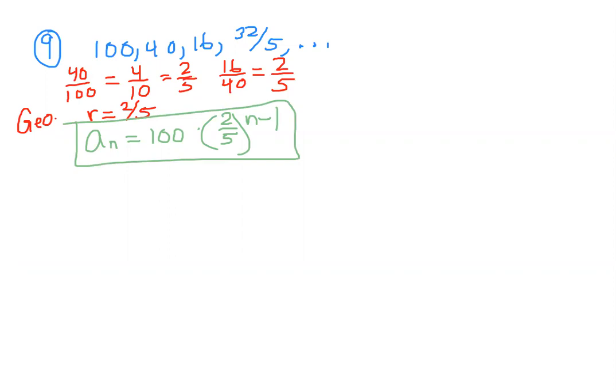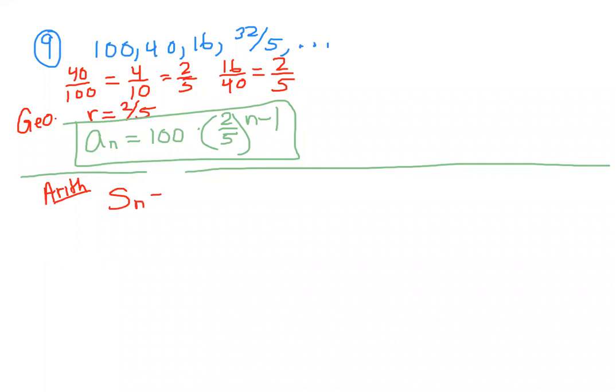Okay, now the next part is series review. Remember, when we're looking for a series, we're adding up things. We're getting a sum. Your answer is going to be a number. And if we are using an arithmetic series, the equation that we used was n times A1 plus AN over 2.